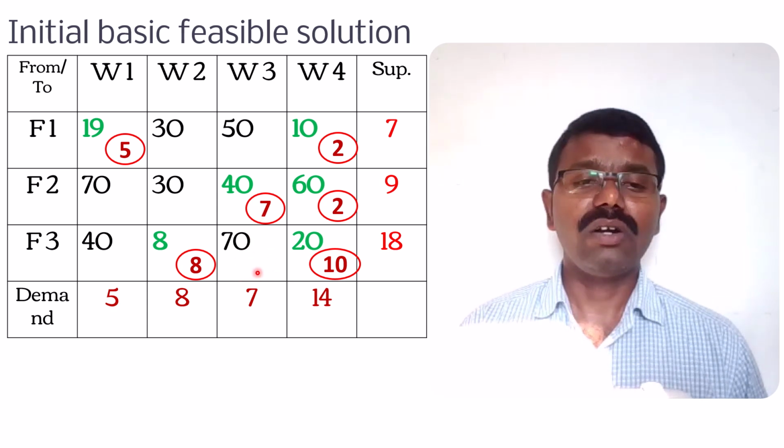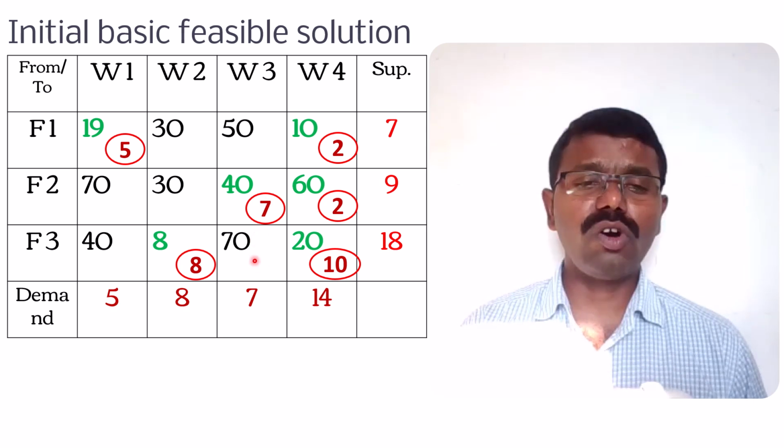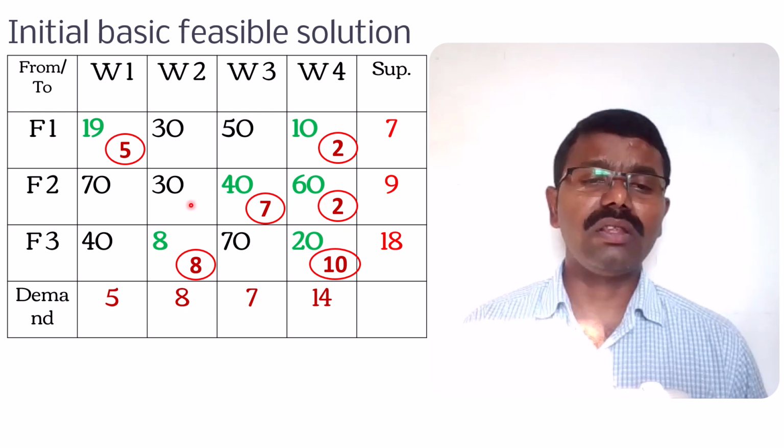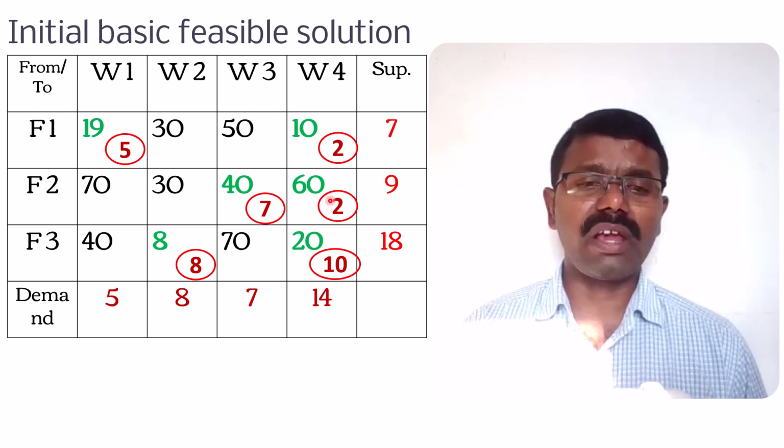But to move 7 values here, there is no allocation to this cell. So I can't move this 7 over here. That is why, whenever we select a cell for moving, we need to see that the total allocations are again balanced.